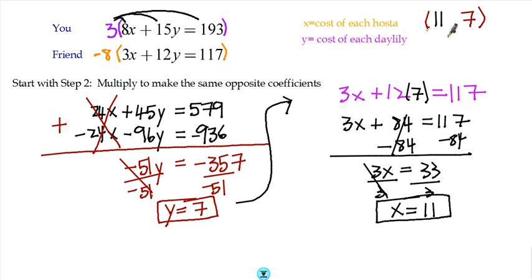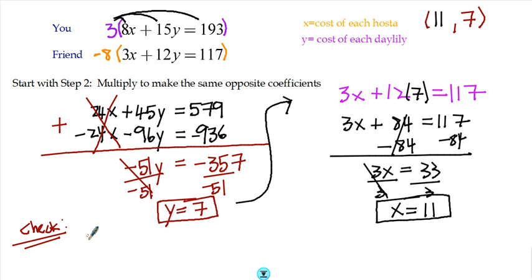So we have our solution as an ordered pair, and again, from previous, like we did, you always want to check. You want to make sure that this is the right answer by putting x equals 11 and y equals 7 into these equations. I'm going to skip that for now, but if you would like, you can definitely use that extra space in your notes to show me how you're checking your solution.